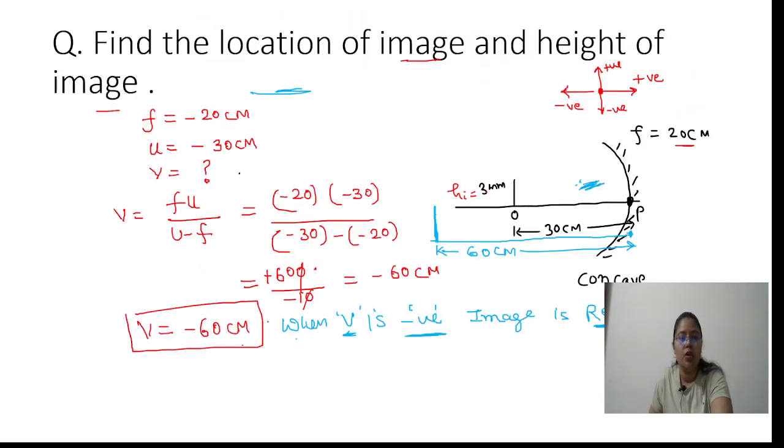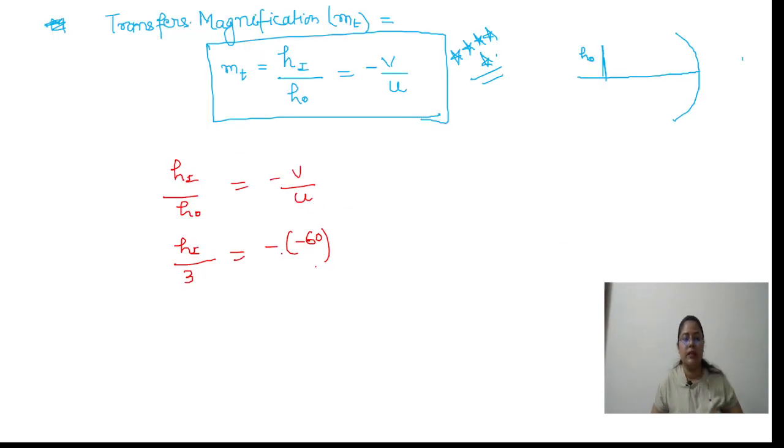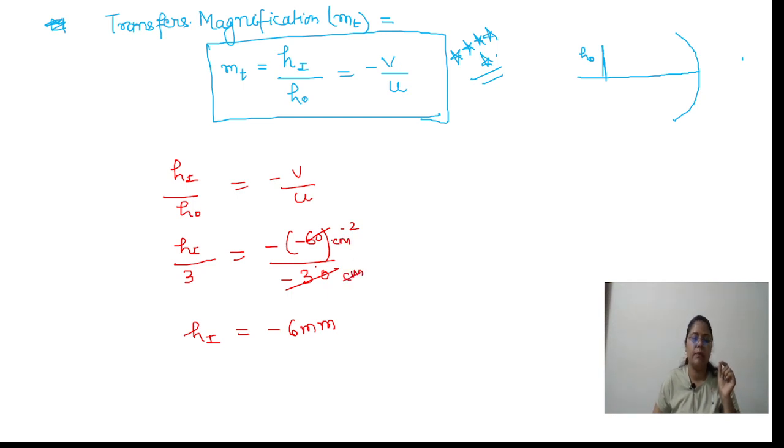And what is U? U is minus 30, so put the value of U as minus 30. So that gives minus 2 times. The height of the image is equal to minus 6. The unit is mm, because centimeter cancels centimeter, and only mm remains. So the height of the image is minus 6 mm.